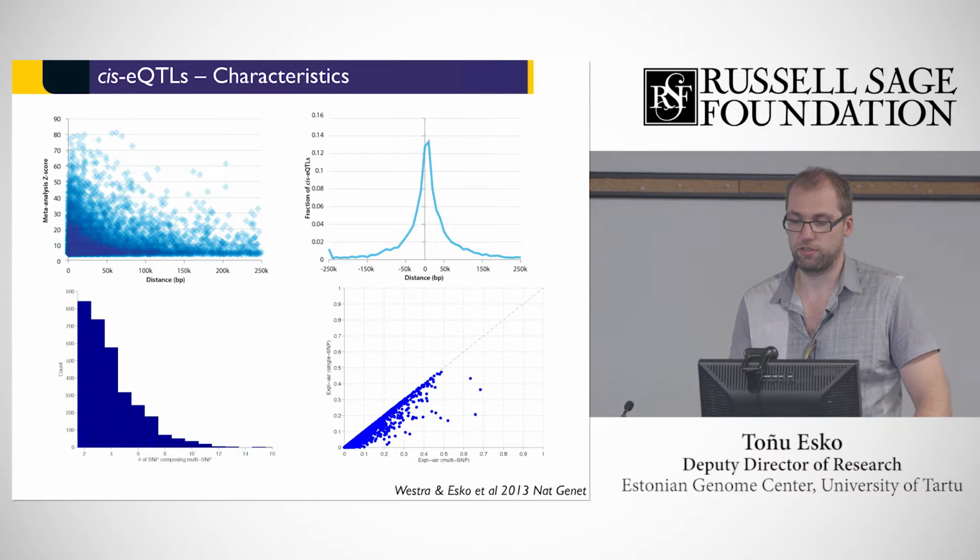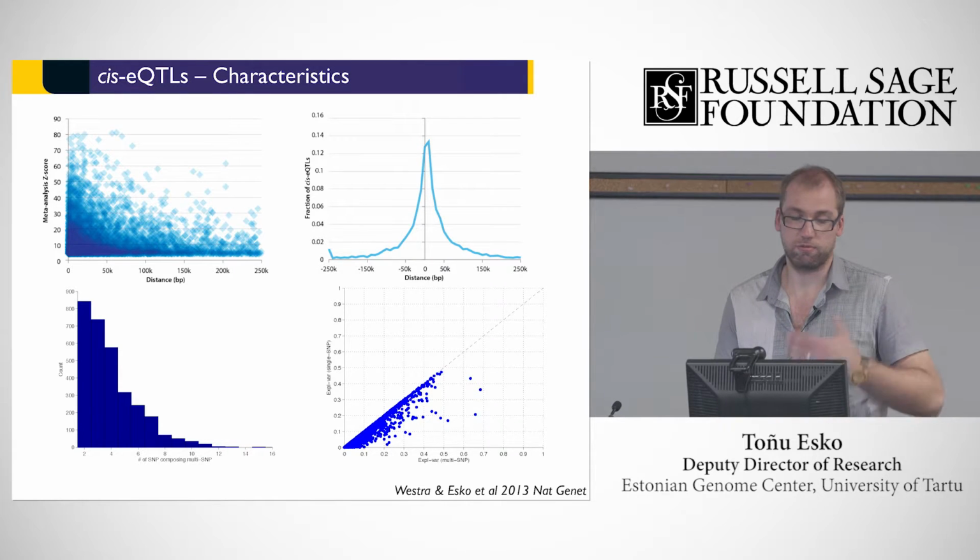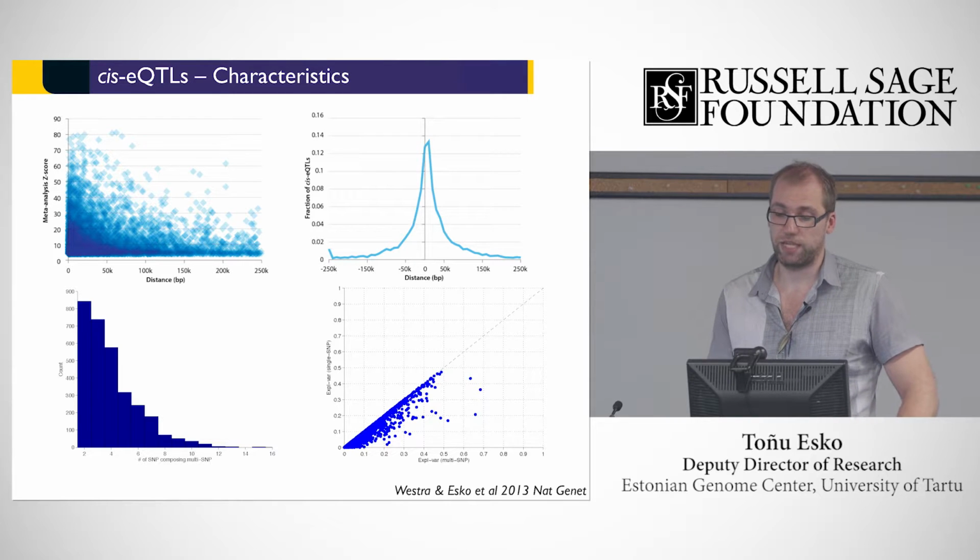Again you see that the bulk of the important SNPs are within plus minus 50 kb, so indeed very close to the gene, but at the same time there are very strong cis eQTLs that are very far away, and 95% of the eQTLs are within plus minus 250 kb.